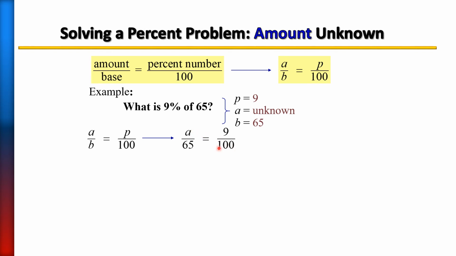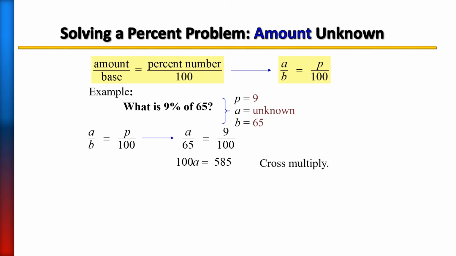You would multiply 100 times A, which is 100A, and then you do 65 times 9 the other cross way, which should give you what, 585, I believe.